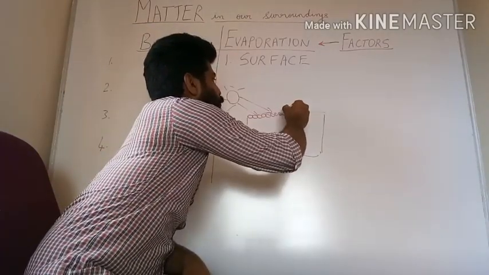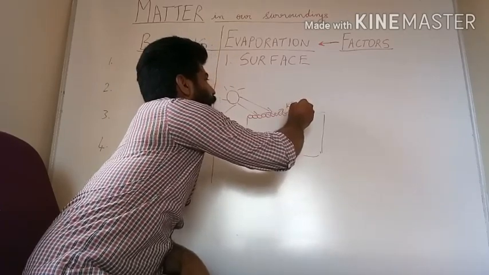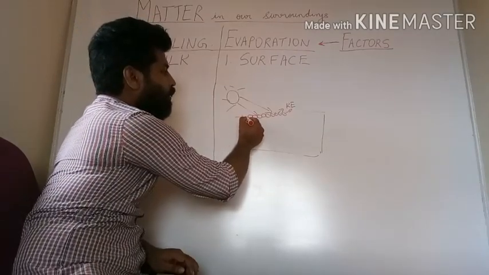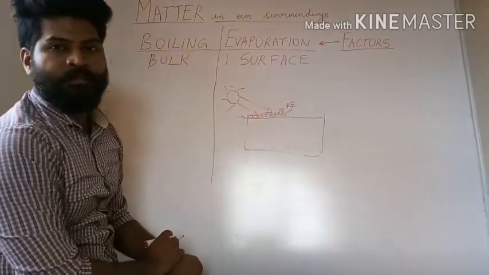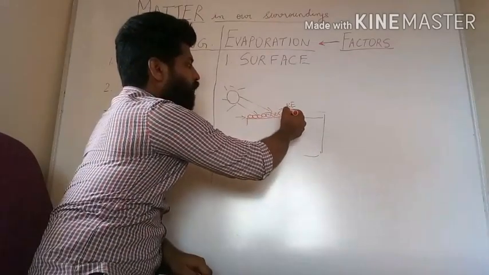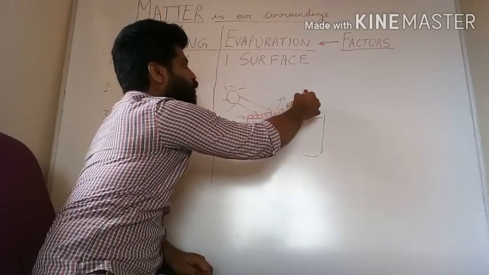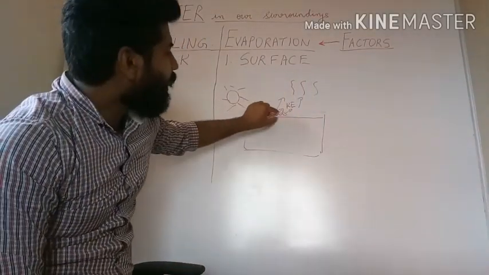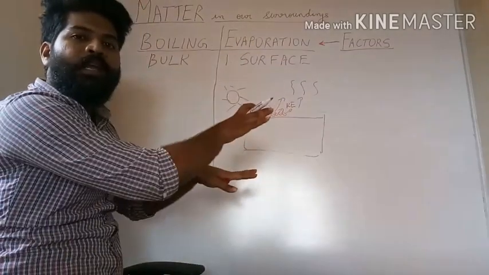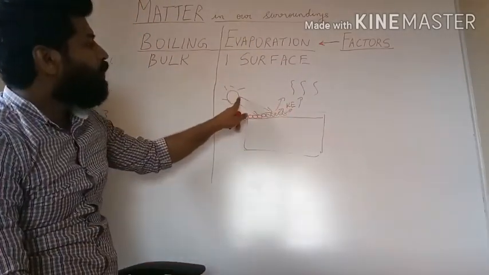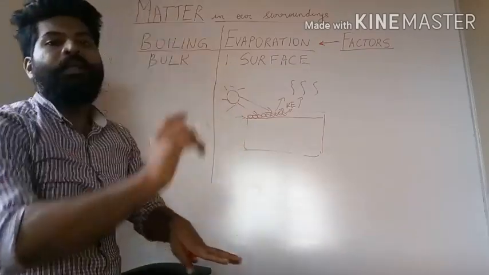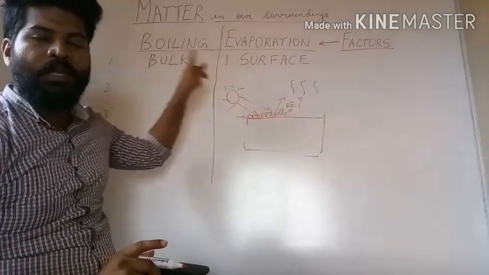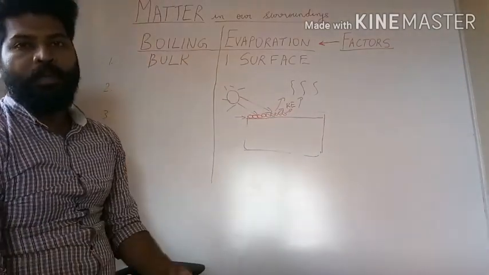So particles will have more kinetic energy, especially particles on the first surface, the first layer. And these particles, after gaining kinetic energy, will be lost to the atmosphere as vapors, that is evaporation. Once this one layer is lost, another layer of water particles absorbs kinetic energy and then moves out. So evaporation is a surface phenomenon, whereas boiling is a bulk phenomenon.